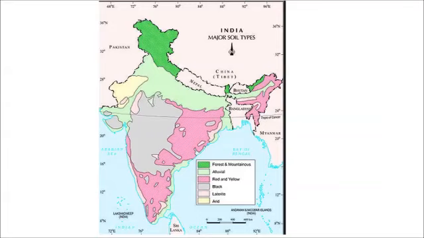So here once again, instead of brown, green is provided as the color for forest and mountainous soil. Then white is provided for the arid region, that is the Rajasthan desert region. And then the pink one shows you red and yellow soil. And then there is alluvial soil, a different color. For black soil, they have provided a different color shade.